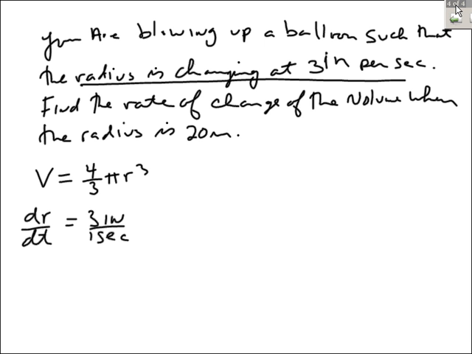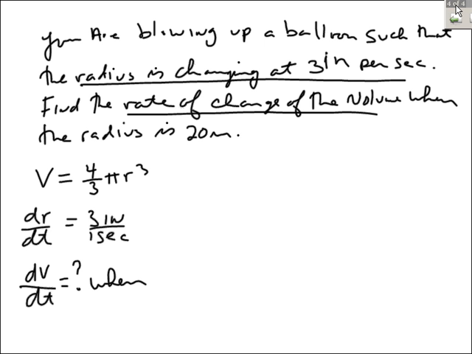So dr/dt is 3 inches per second. And they want you to find the rate of change of the volume. That means the derivative of the volume. dV/dt equals what when the radius is 20 inches.